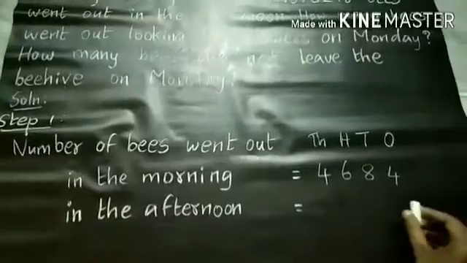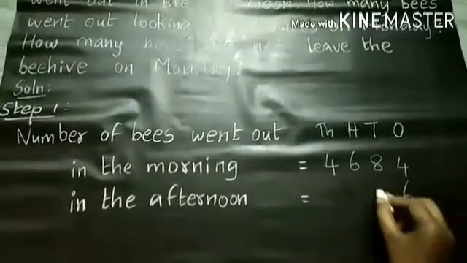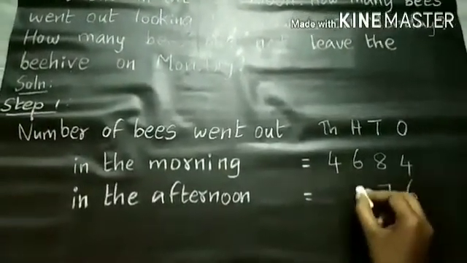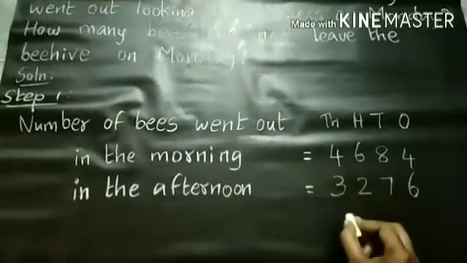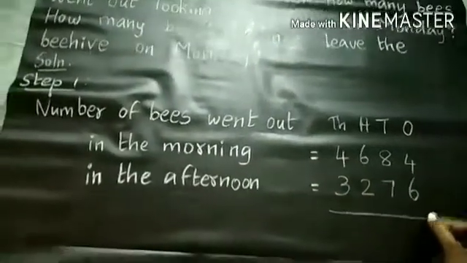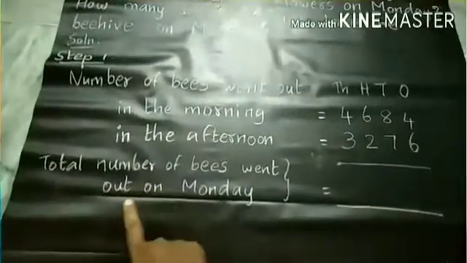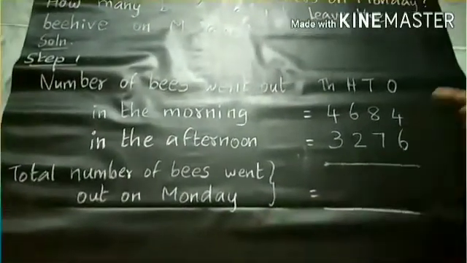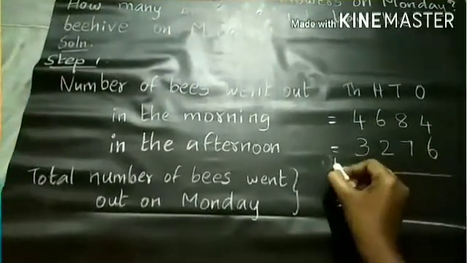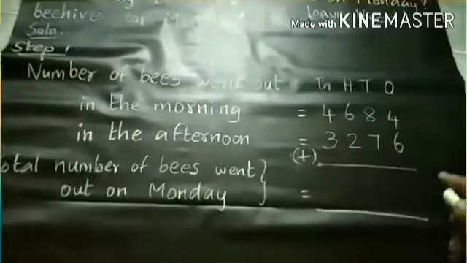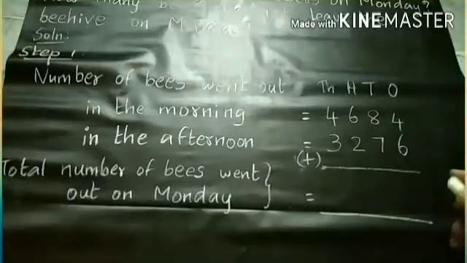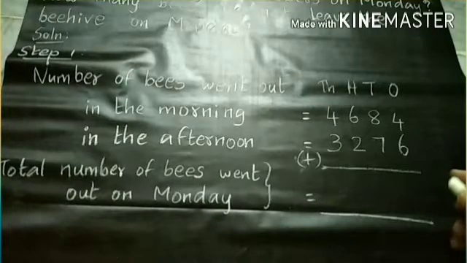Then write number of bees went out in the afternoon is 3,276. Write the number from right to left. Here we have to find total number of bees went out on Monday. So we should add the number of bees went out in the morning and number of bees went out in the afternoon.